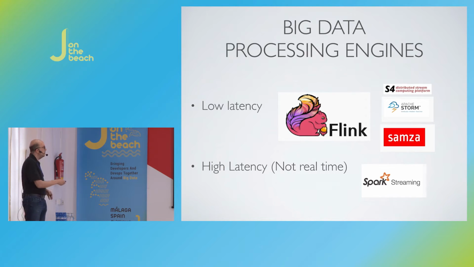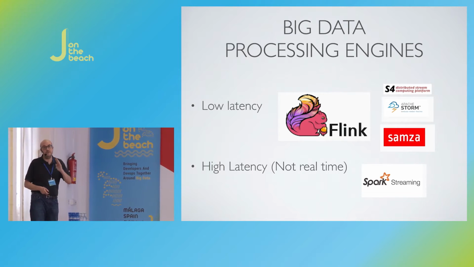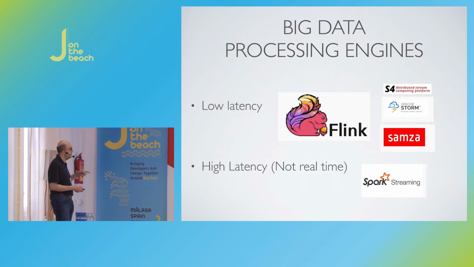If you use Spark Streaming, you will need to process 1 second of instances, say 1,000 instances, but in Flink, you can do it one by one. The difference depends on the latency. If your system can wait for 1 second to have an answer, you can use Spark Streaming. But if you need the answer in milliseconds or microseconds, then you need to use a true streaming engine like Flink or Storm.